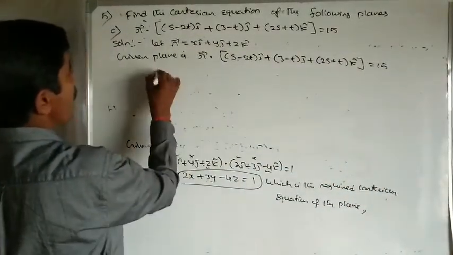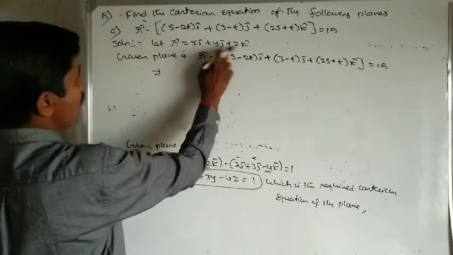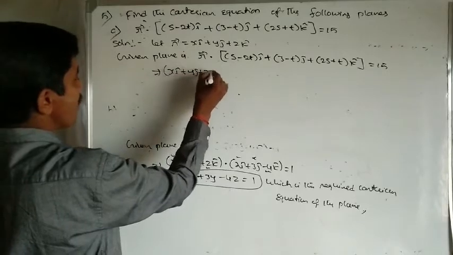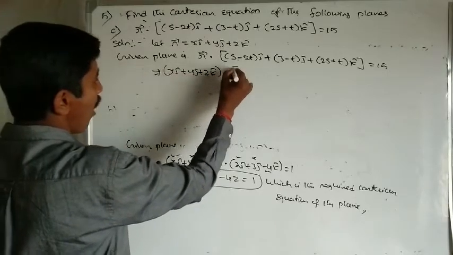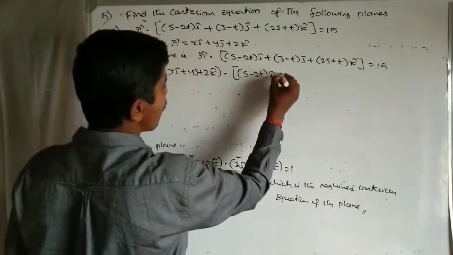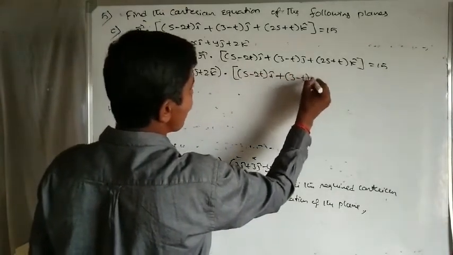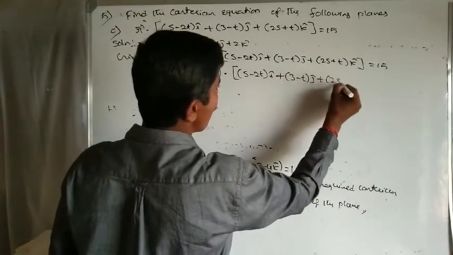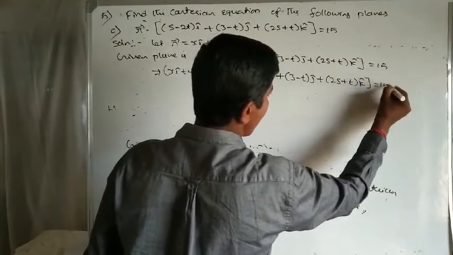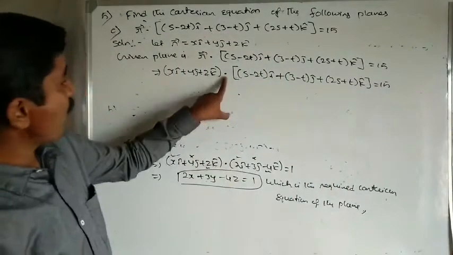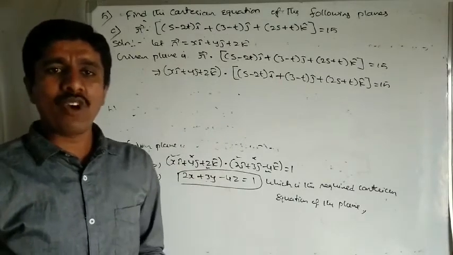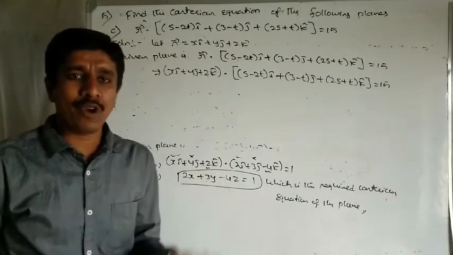Now substituting vector r equal to xi plus yj plus zk: (xi plus yj plus zk) dot ((s minus 2t) i cap plus (3 minus t) j cap plus (2s plus t) k cap) is equal to 15. For the dot product of the first vector and second vector, similar to the last one, multiply the i coefficients, j coefficients, k coefficients and add.